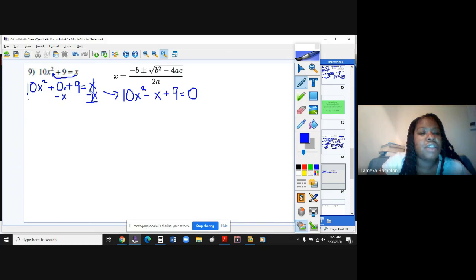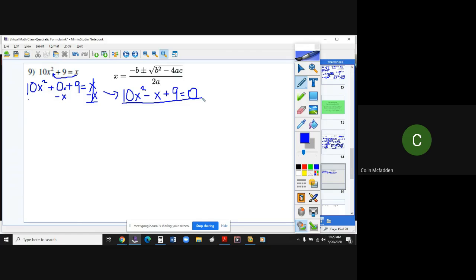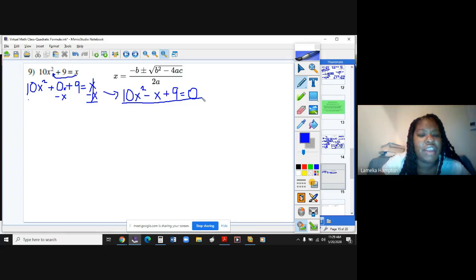All I simply did was change this positive x to a negative x, and I put it in the middle between the 10x squared and the positive 9. So that is this result over here. Now do you see it, Mr. McFadden? Yes, ma'am. All right.